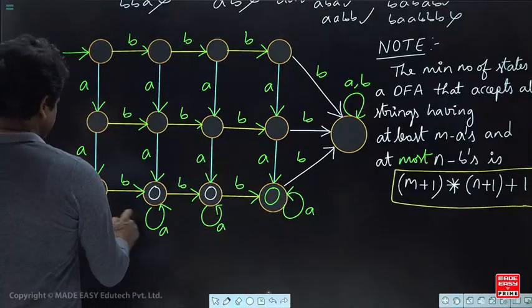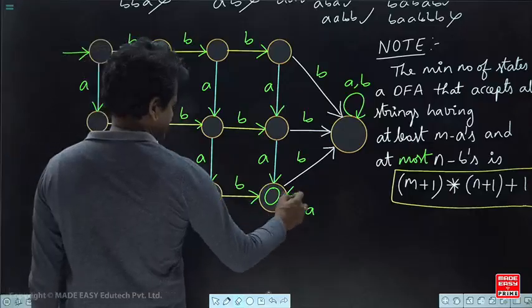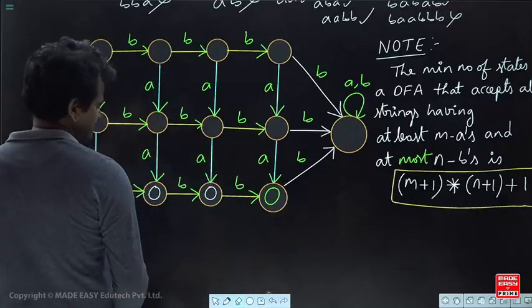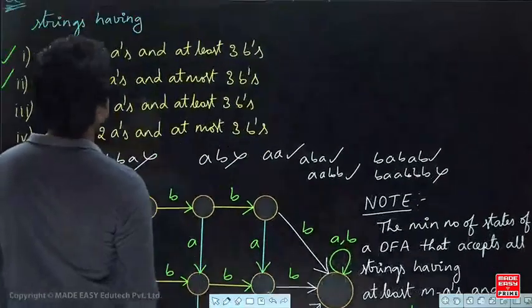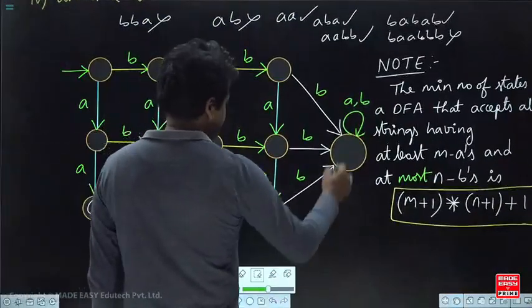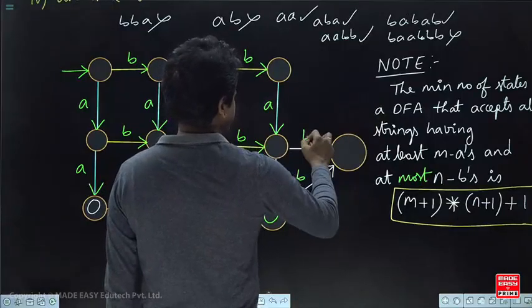At most 2 A's means what? Maximum 2 A's. A's cannot be more than 2. And at least 3 B's means B's minimum 3.